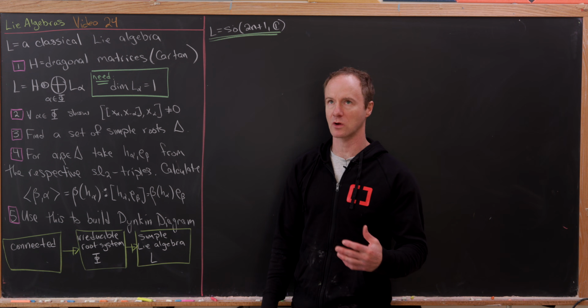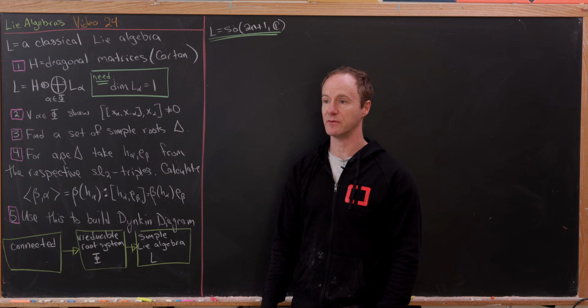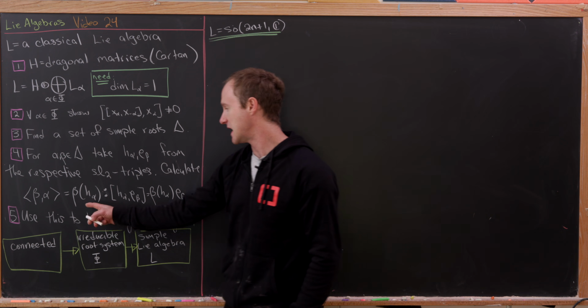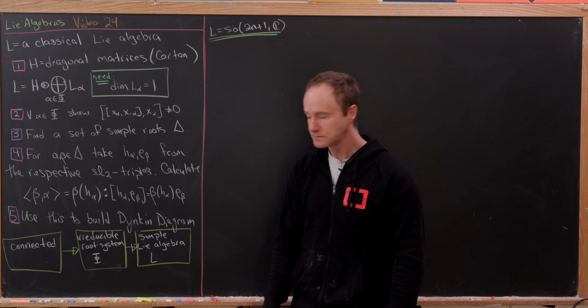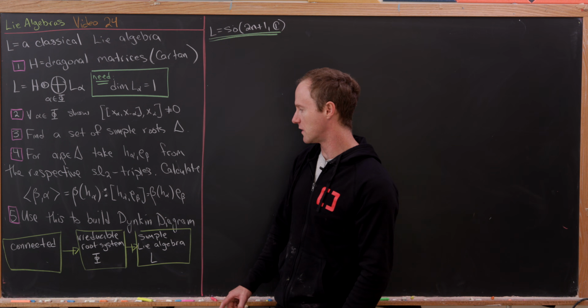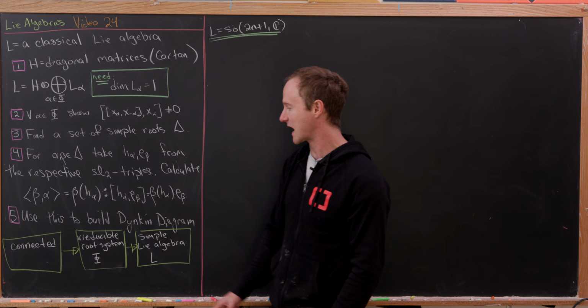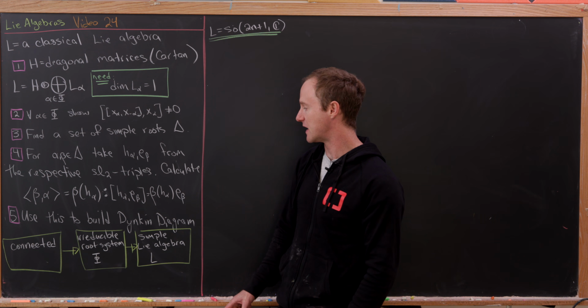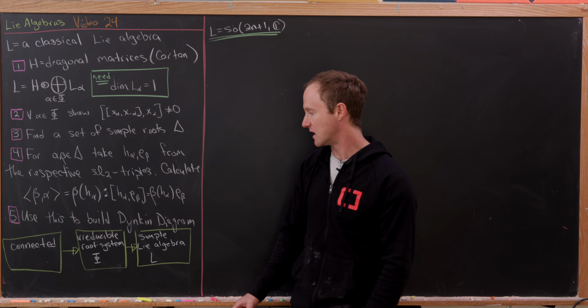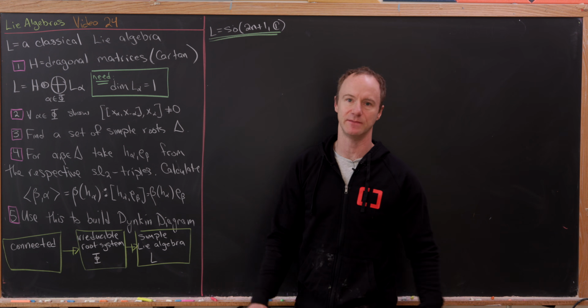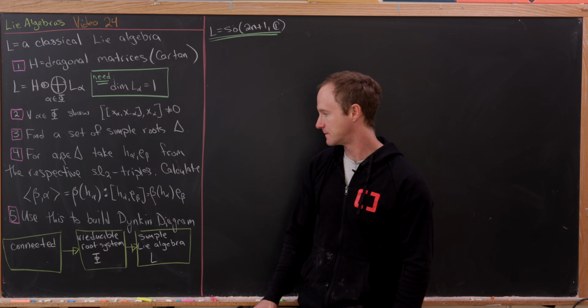The root beta, recall that that is an element of the dual space of H, making this a number. But then let's also recall that we can get that from doing the bracket of H_alpha with E_beta. That gives us beta applied to H_alpha times E_beta, kind of by definition.